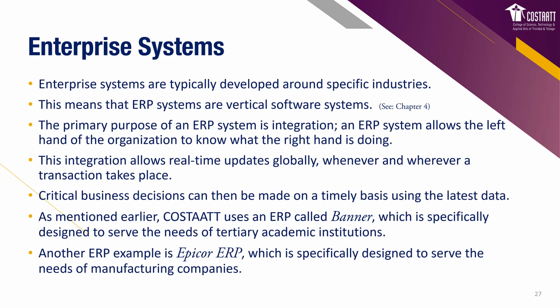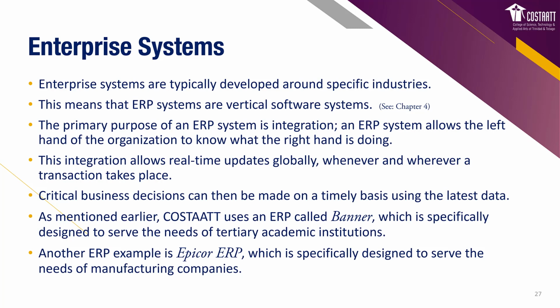As mentioned earlier, COSTAATT uses an ERP called Banner, which is specifically designed to serve the needs of tertiary academic institutions. In other words, the Prime Minister's office has no need for Banner. Penta Paints has no use for Banner.